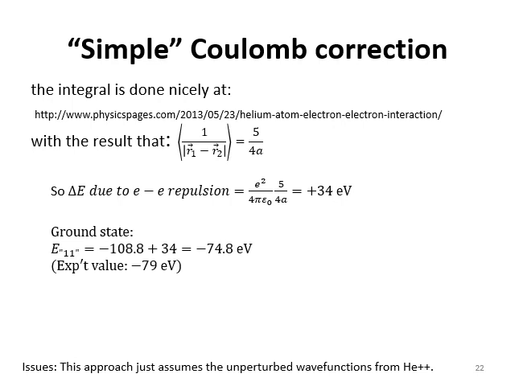This integral is done for us, and it turns out that 1 over the distance between the 2 particles averaged turns out to be 5/4 of 1 over the Bohr radius. Right?